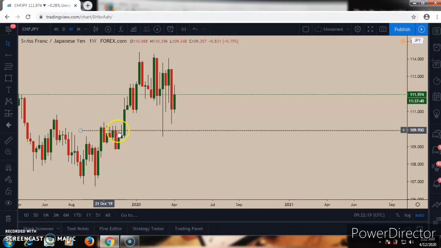This horizontal area was the support we highlighted from the monthly time frame, where the market can easily get to and turn to an uptrend. However, if the market breaks this point and retests it, that means we are fully in a downtrend. So from this resistance zone to this support zone, this can give us a 1 to 3 weeks reward for the week, because it needs at least one weekly candle to get to this point.